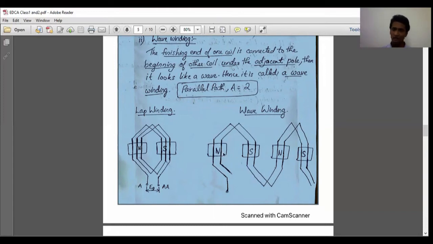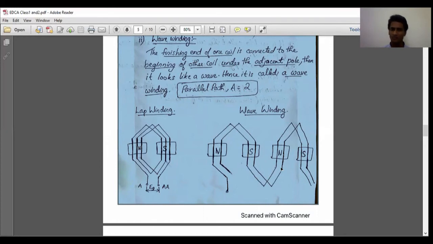Then, for the coil under this pole pair, the finishing end of that coil is connected to the beginning end of another coil, that means this point. That coil is under the adjacent pole, clear, and it looks like a wave, so it is called wave winding.